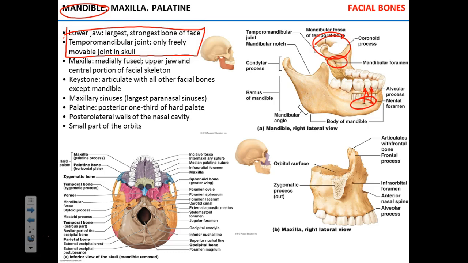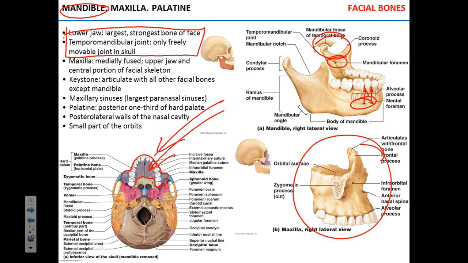Maxillary bone, shown right here. In this image, you can see maxillary bone in that violet color, whatever you want to call it. Okay, so maxillary bone, which forms big part of the nasal cavity, upper jaw, is fused.